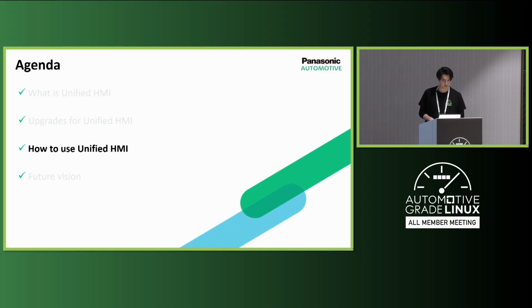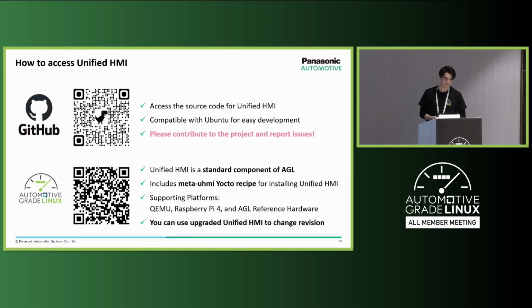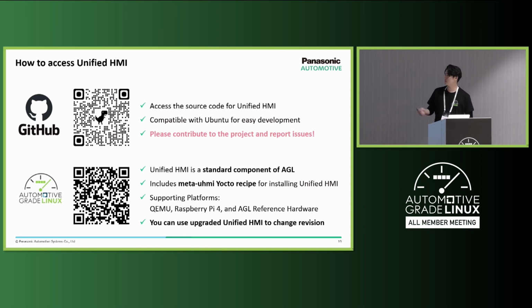And next, I will introduce how to use the upgraded Unified HMI in your environment. Unified HMI frameworks are released as open source on GitHub and the AGL UCB, so you can access them using this URL.